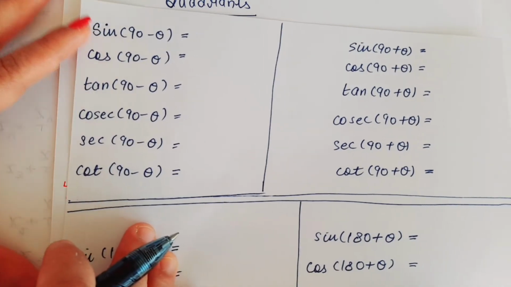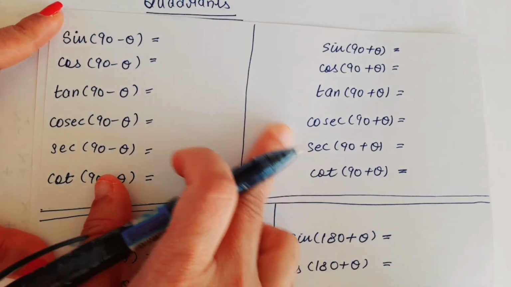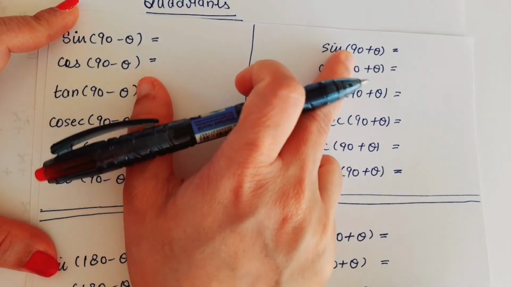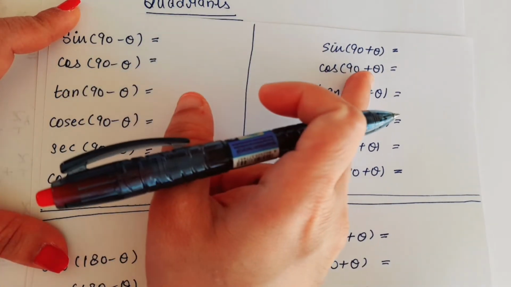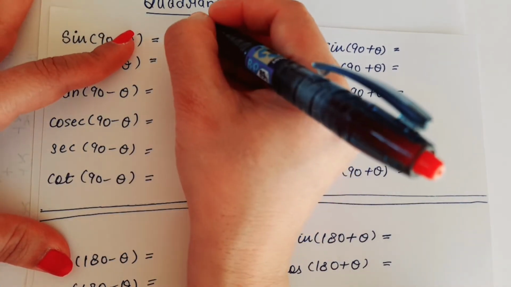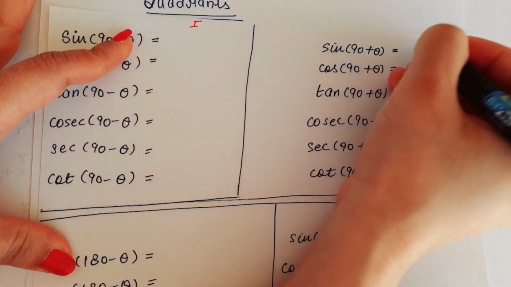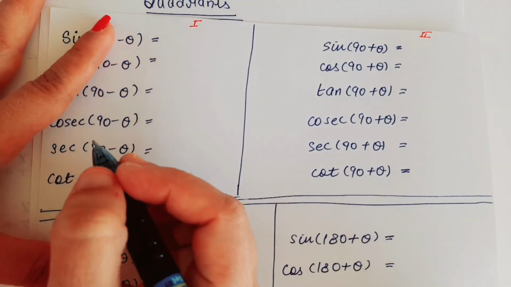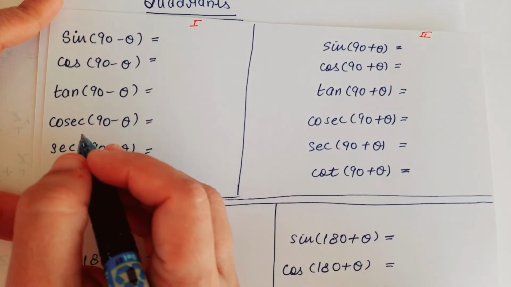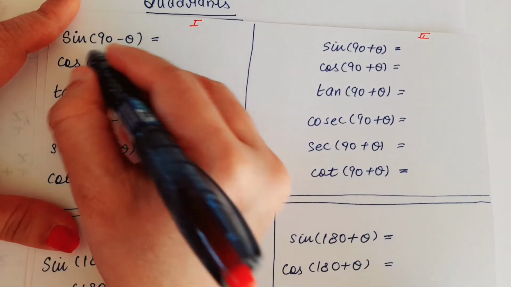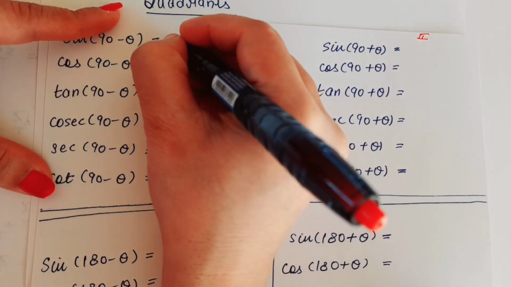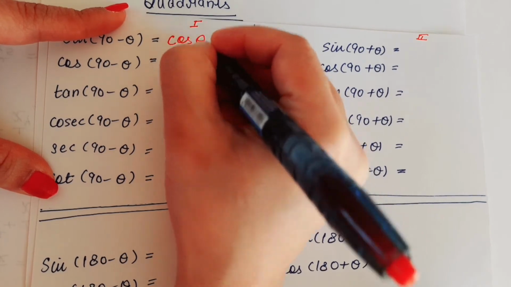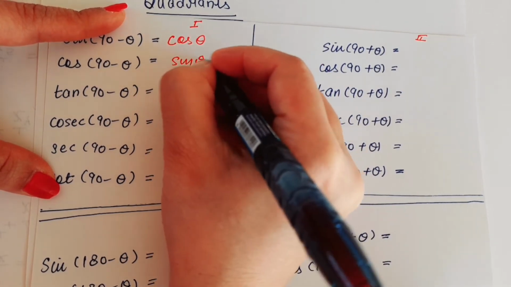But first of all we will see these ratios, and this is 90 minus, this is 90 plus. 90 minus theta means first quadrant, 90 plus theta means second quadrant. So for sine of 90 minus theta, sine will change into cos theta and cos will change into sine theta.